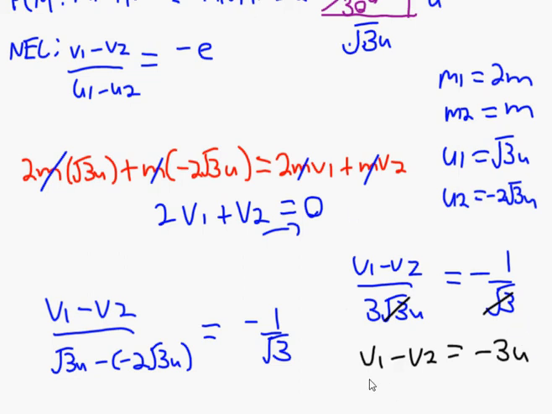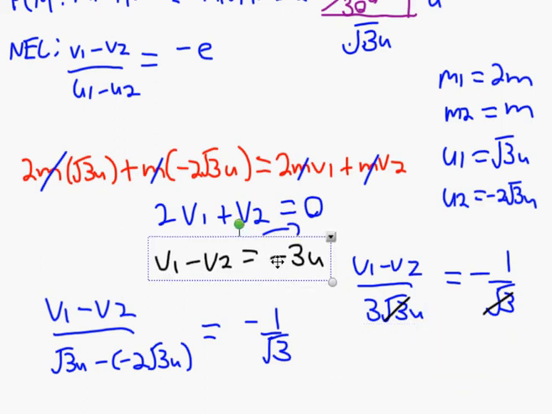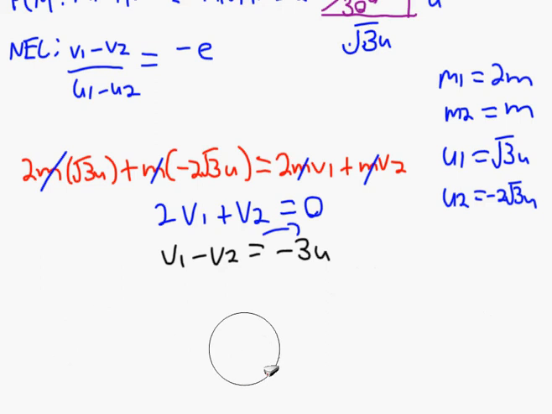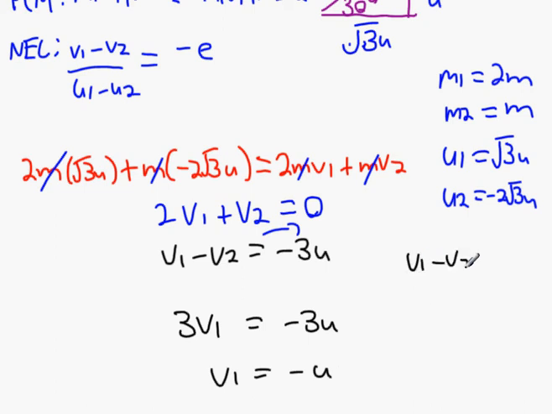Now that I have that done, what we're going to do next is, guys, we're going to put this up here, and now we're going to do the same thing again for phi1, phi2. Now, phi1, phi2 is going to be 3v1 equals minus 3u. Phi1 is equal to minus u. Therefore, phi1 minus phi2 equals minus 3u.